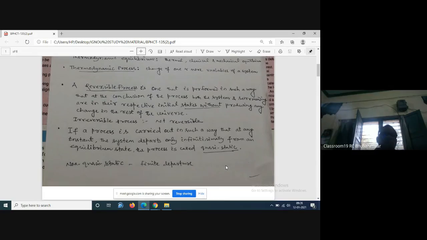Of course, I have not written here, since in your book there is no mention of the isothermal process and adiabatic process. In an isothermal process, the temperature of the system remains constant, while pressure and volume change. But if the pressure, volume, and temperature are all changing, that is called an adiabatic process.